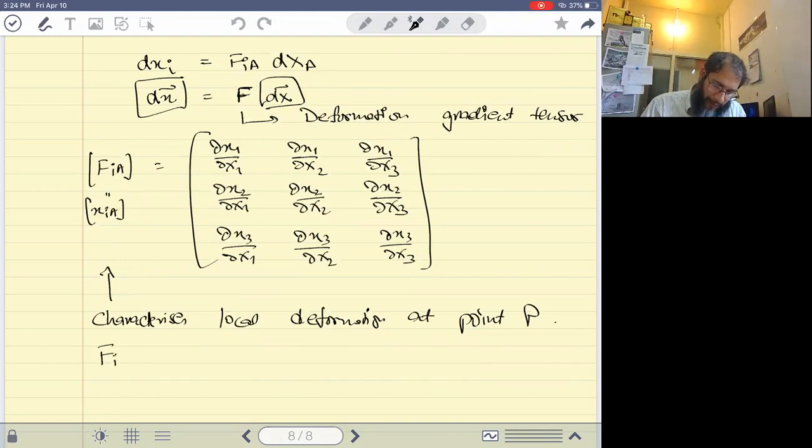So this F tensor can either be homogeneous.